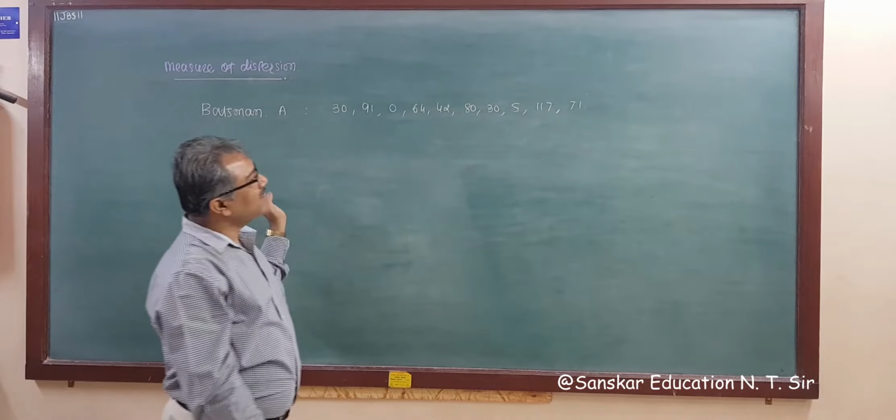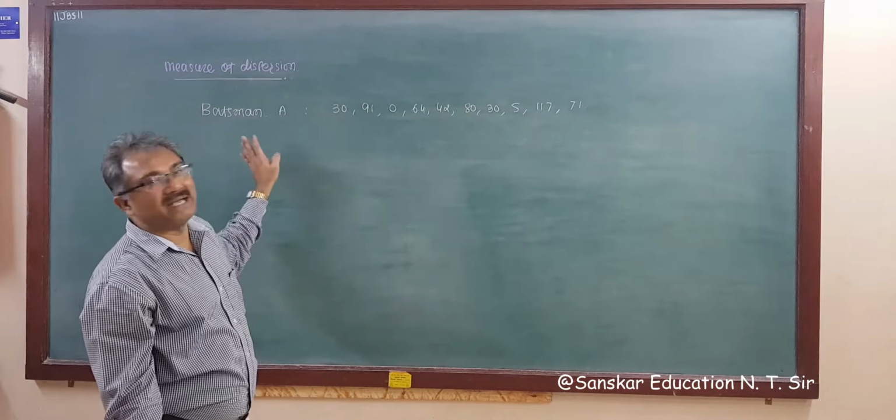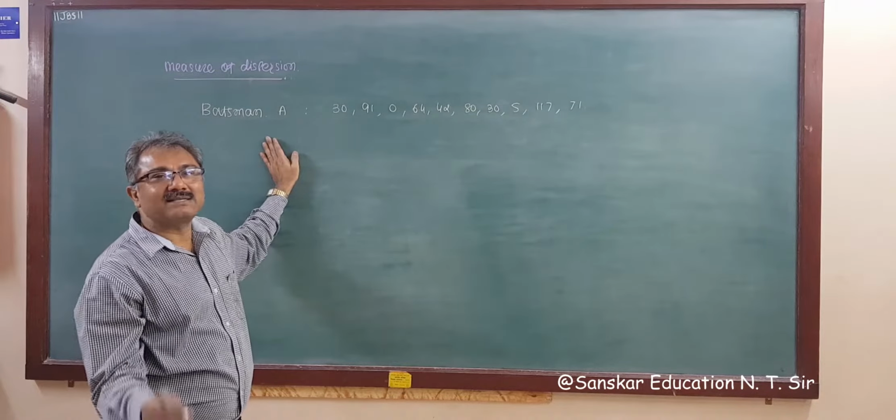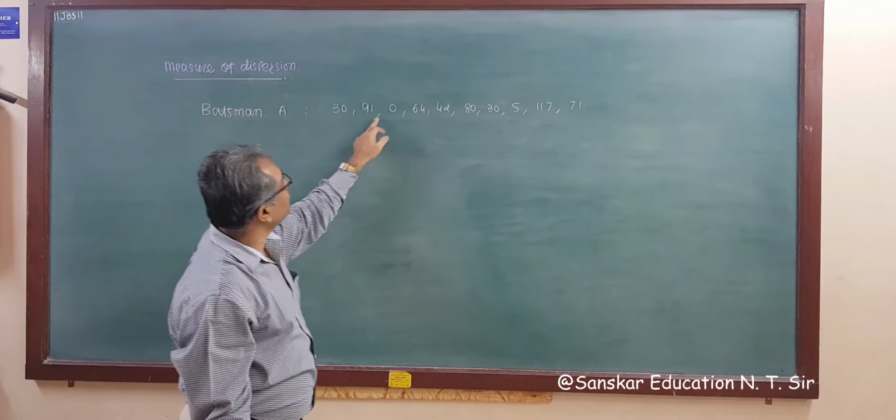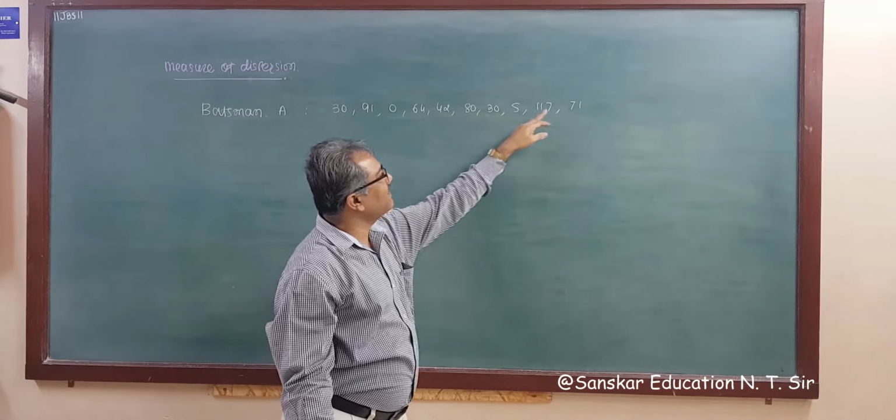So these are the runs scored by batsman A in his last 10 innings: 1, 2, 3, 4, 5, 6, 7, 8, 9, and 10.